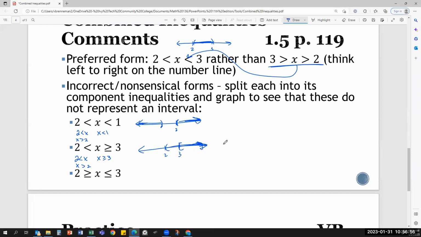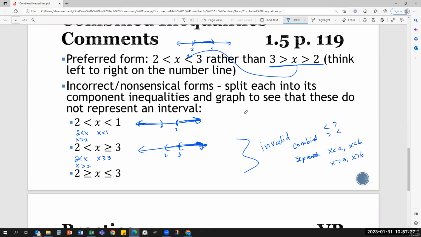And then similarly with 2 is greater than or equal to X is less than or equal to 3. So the invalid forms, combined, will have the inequalities pointing in opposite directions. Separate would have the two separate inequalities that are the same direction.